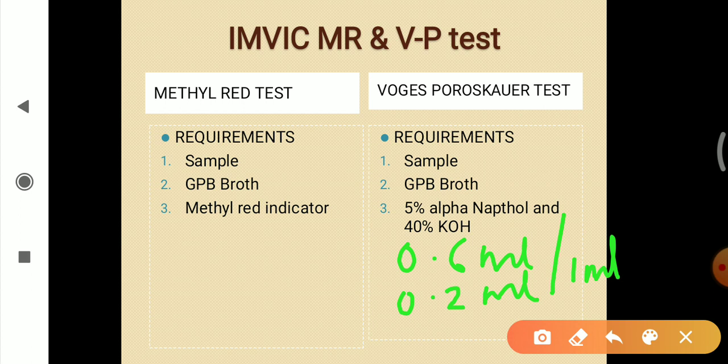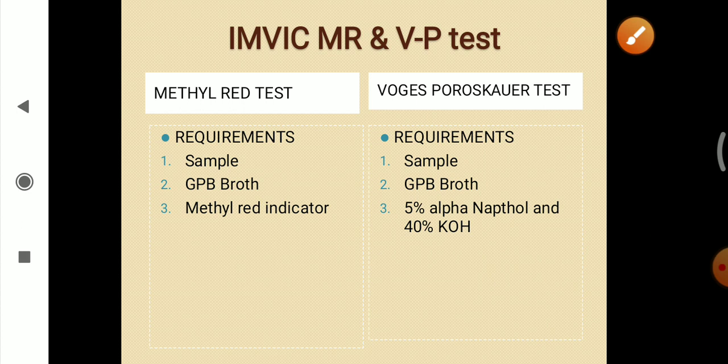Okay, this is per ml. If our tube contains 5 ml GPB broth, we will add 3 ml alpha naphthol and 1 ml of 40% KOH. After adding the alpha naphthol and KOH, we will keep our tubes for around 15 minutes, and we will observe the development of red color within 15 minutes or more.